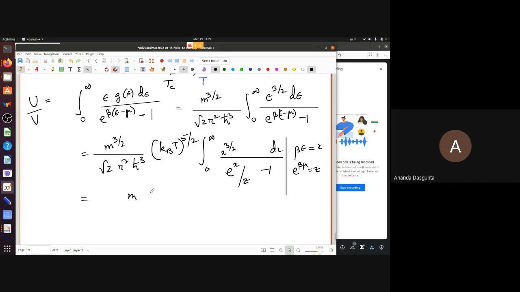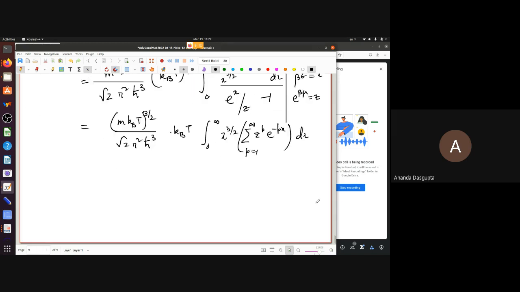Now this is something which you have seen before, in the last calculation directly. What is this integral going to be now?